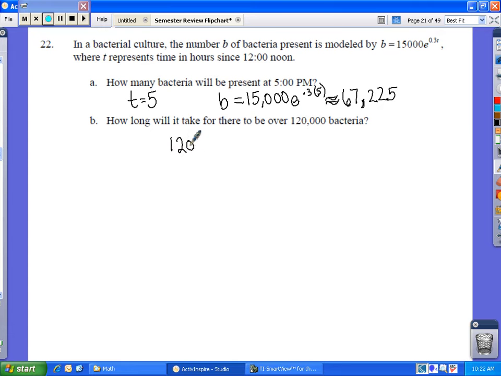So in this case, your bacteria is B. So you're going to put in 120,000 equals 15,000 e to the 0.3 times t. Now there are several ways you could go about solving this equation. You could solve this equation for t by taking the natural log of each side.